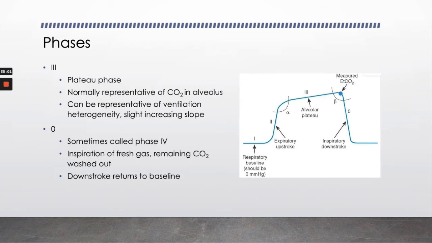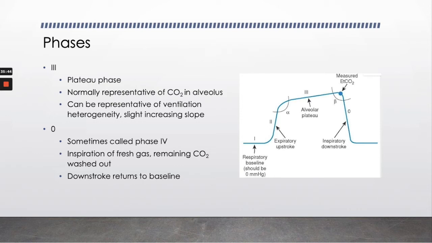Okay, so phase three is known as the plateau phase, right here at the top. It's normally representative of CO2 in the alveoli, and it can be representative of ventilation heterogeneity, and thus the slight increasing slope. We know that our lungs do not empty all at once. If ventilation and perfusion were perfectly matched in all lung regions, alveolar gas would have a constant CO2 concentration, and the expiratory alveolar plateau would be horizontal, so it'd be flat.